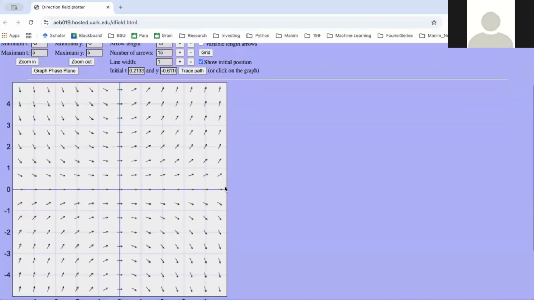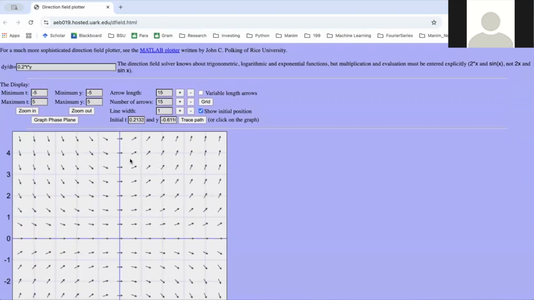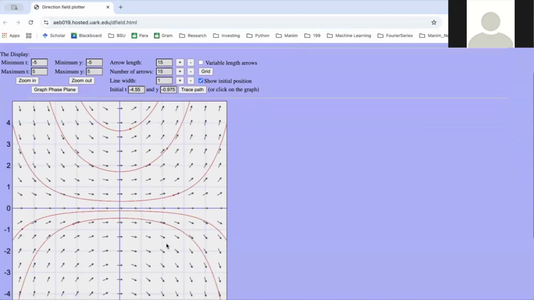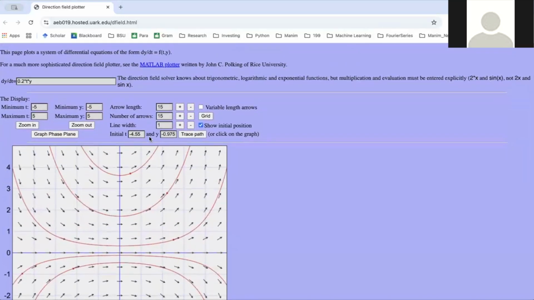I'm going to graph it, and it looks very similar to the two pictures that you see in the notes. Again, to visualize the solution curve, just click anywhere on the screen. Let me try one more here, just to give you a good idea of how to type the information into the website and visualize the solution curves and direction field.